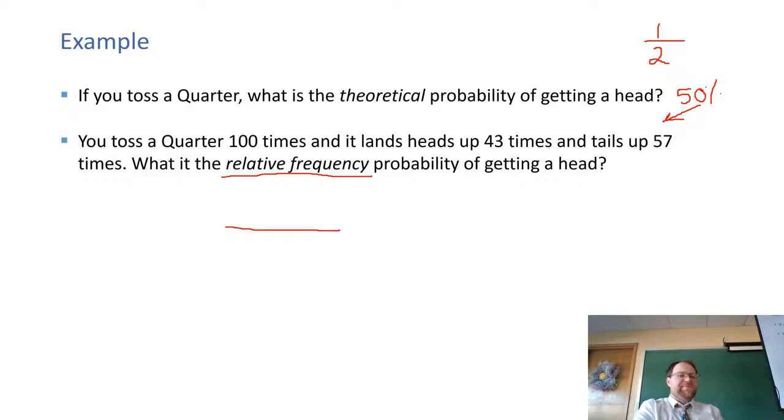So how many times did we get heads? 43. 43 out of how many trials? 100. So then as a percent, that would be 43%. Or as a decimal, that would be 0.43.